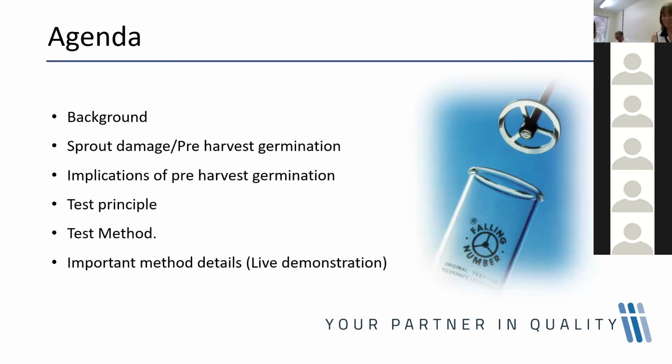I'll then proceed to give you a quick run through of the test principle as well as the test method, and then we're going to look at the most important method details, which we will actually demonstrate to you live on the instrument.